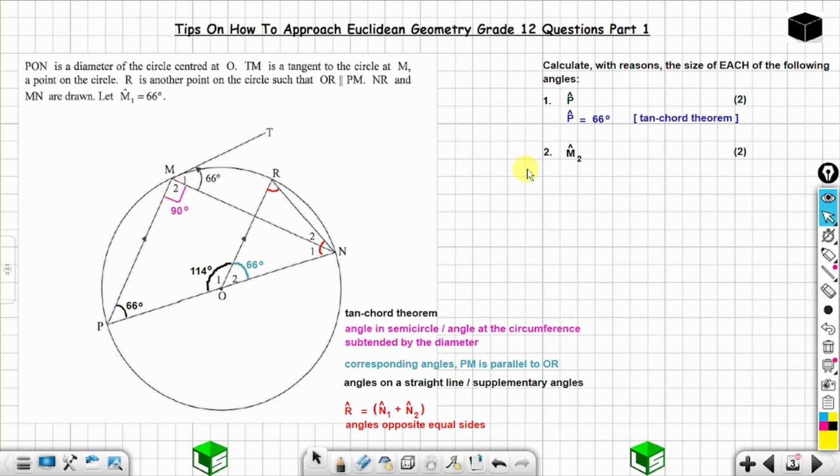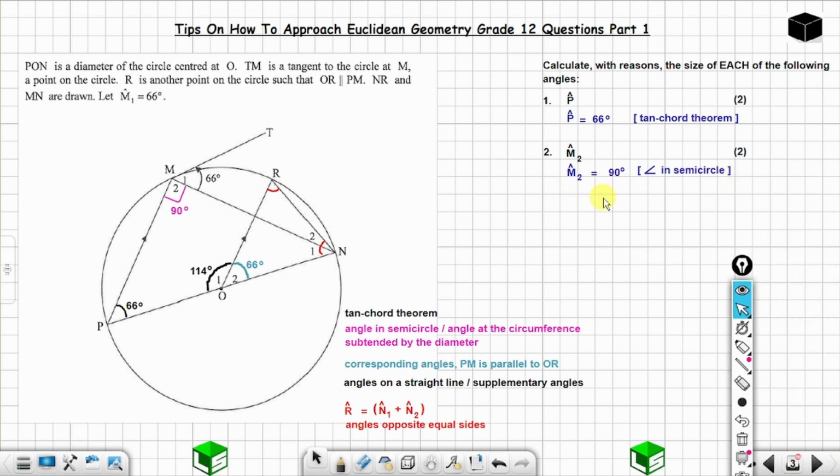So M2 is equal to 90 degrees. The reason is angle in semicircle. You can also say angle at the circumference subtended by a diameter. So you can give your reason like this or like this.